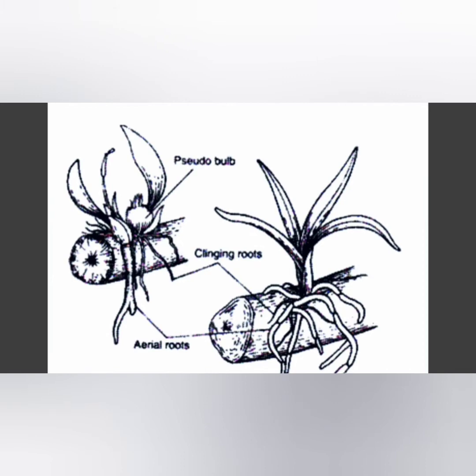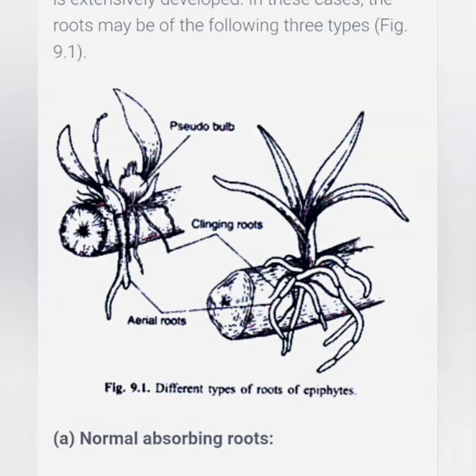The first type is the roots. In epiphytic vascular plants, the root system is extensively developed, and the root may be of the following three types. Let us take a look at the three types of roots present in epiphytic plants.